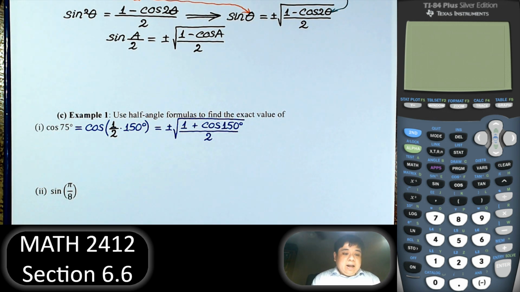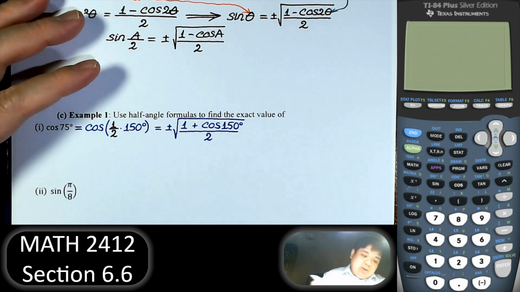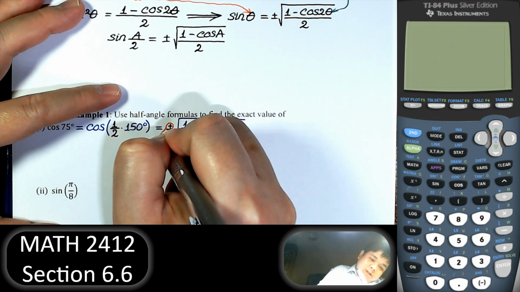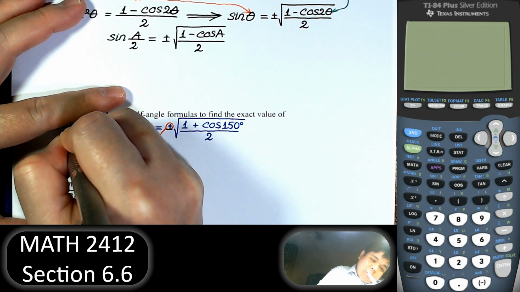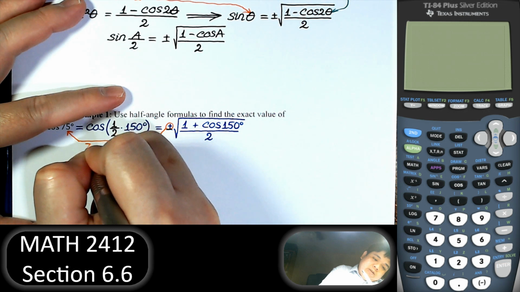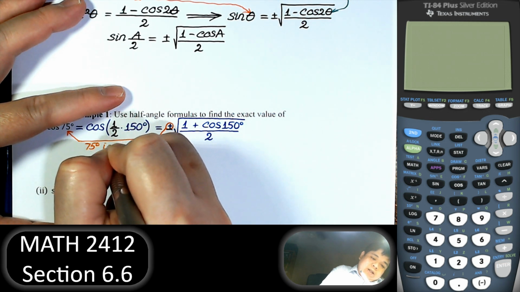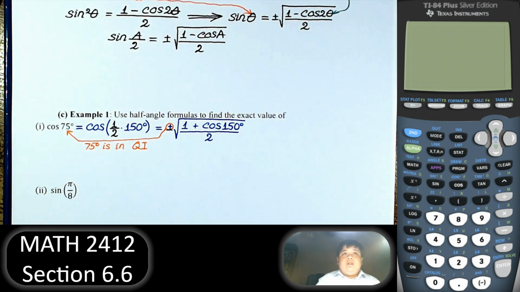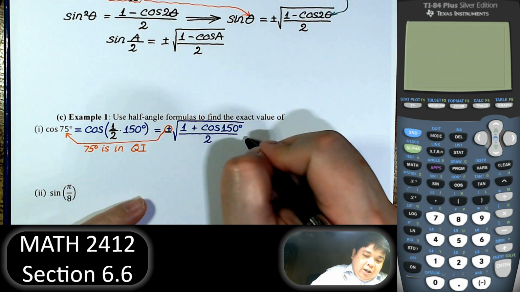Right. Next, 75 degrees is in quadrant 1. Therefore, everything in quadrant 1 is positive. So this is only positive, because 75 degrees is in quadrant 1, where everything is positive. Right.